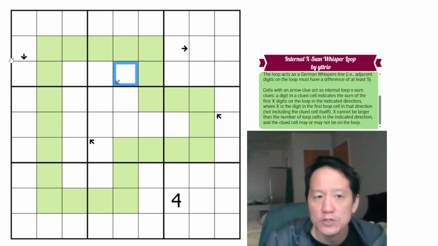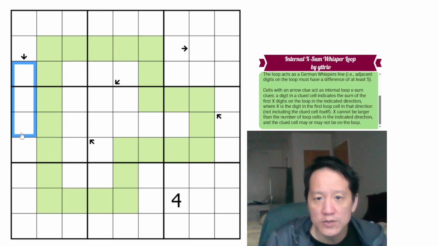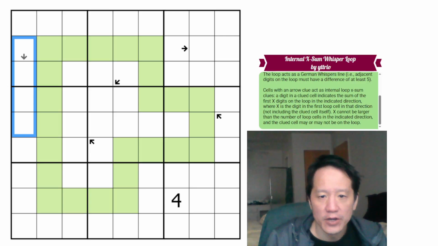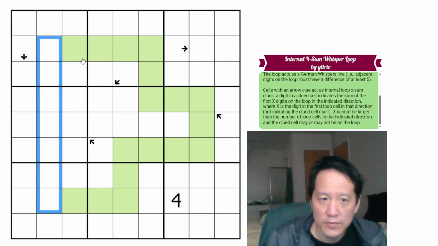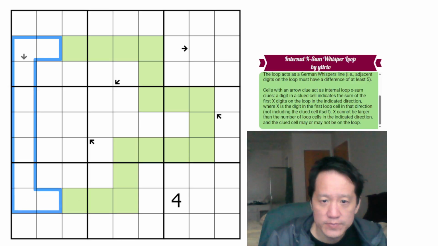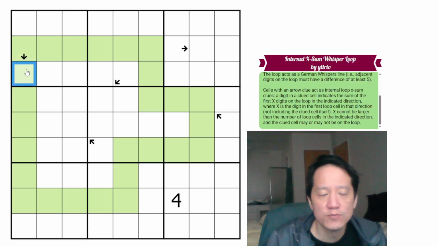So the digit is a sum, right? This is the sum of the first x digits on the loop in the indicated direction. Okay, so let's change this loop to be this. Then this is the sum of the first x digits, and x is the first loop cell in that direction, not including this clued cell itself.